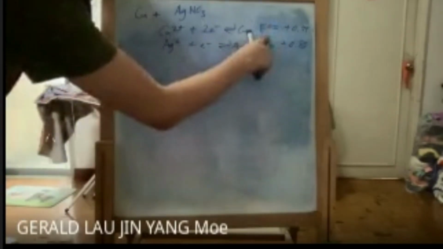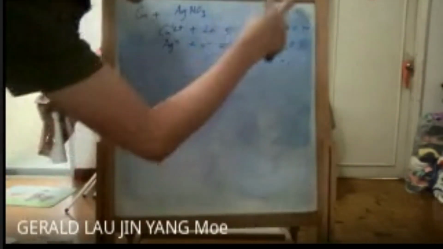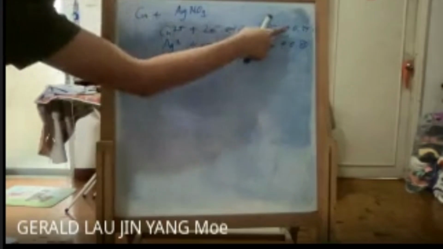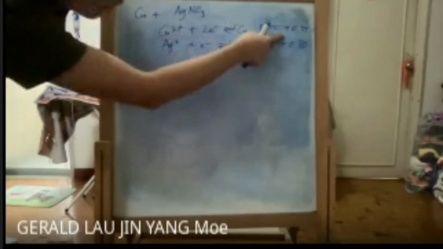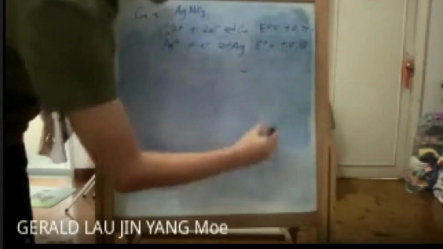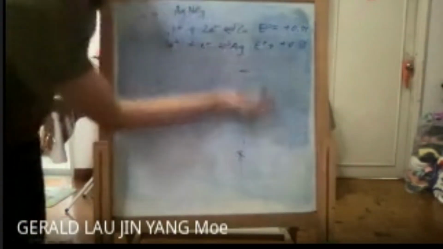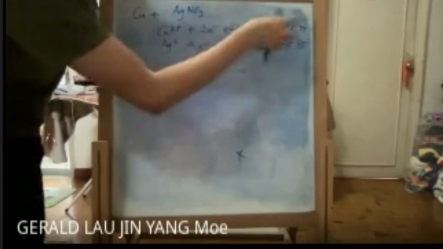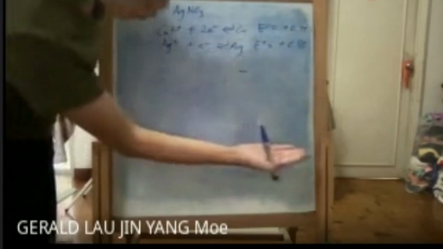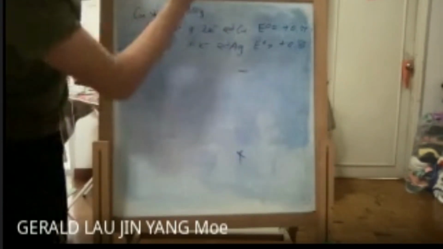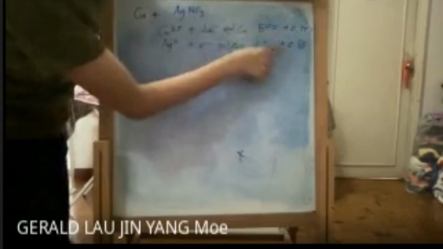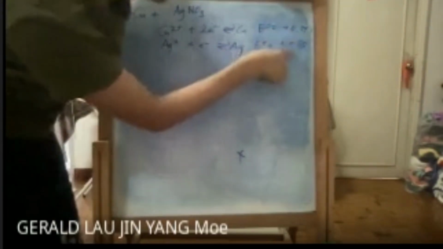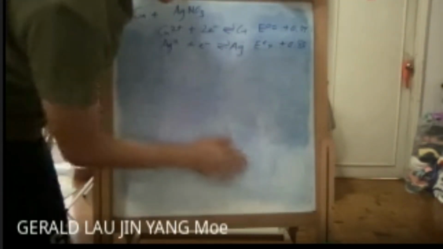In simple terms, you look at the E0 value: less positive or more negative goes on top. Remember, up here is negative, down here is positive. So the negative ones come out on top, positive go down. Here copper is more negative, or less positive, so it goes on top. When you arrange, you must arrange like this first: negative on top, positive at the bottom. This is step 1.